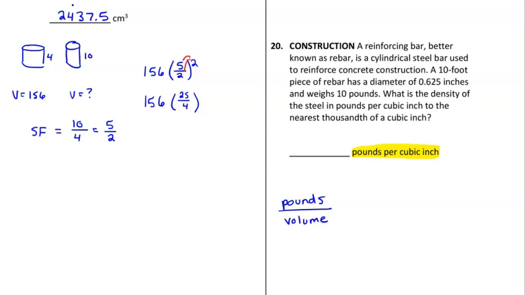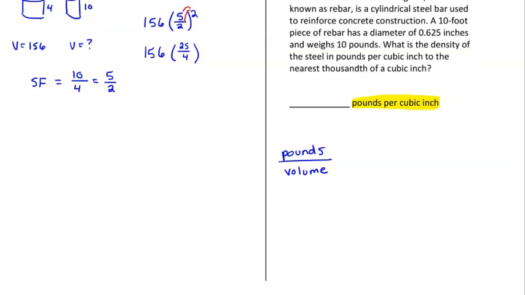And then they tell us a reinforcing bar, better known as rebar, is a cylindrical steel bar used to reinforce concrete construction. A 10-foot piece of rebar has a diameter of 0.625 inches and weighs 10 pounds. What is the density of the steel in pounds per cubic inch?